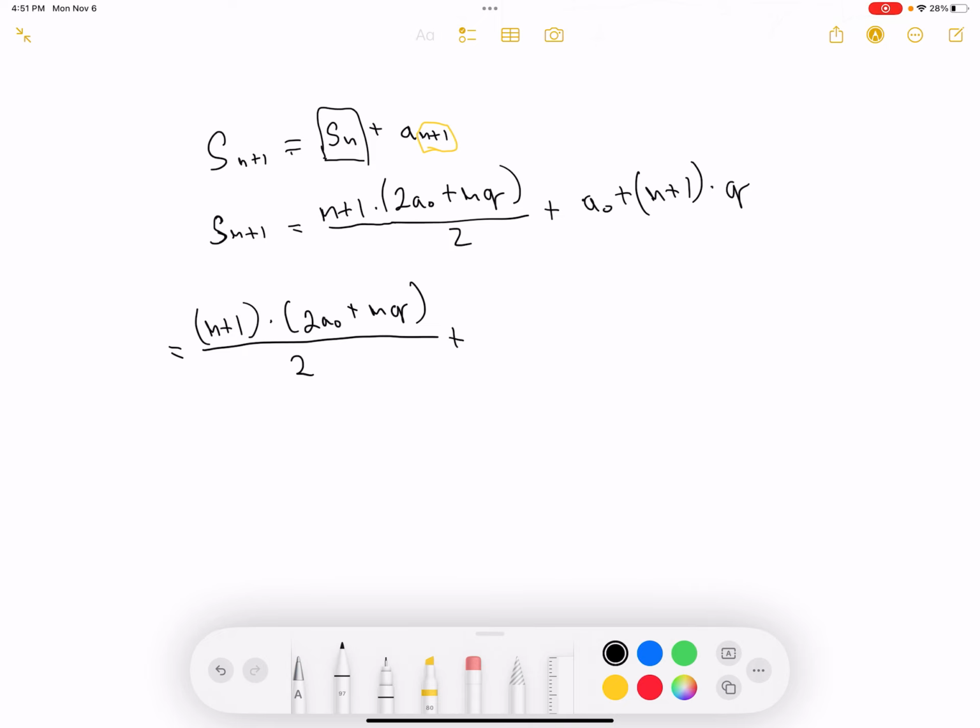In order to add or subtract, I'm sure you know that we can just multiply it by the denominator, and that way we can express it using the same denominator. So we would just multiply by 2, so 2 times a0 plus n plus 1 times q, over 2.